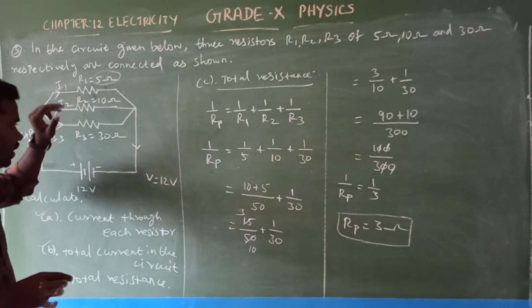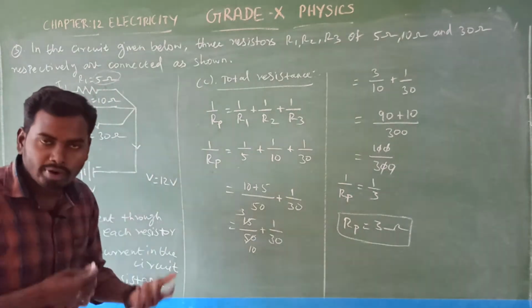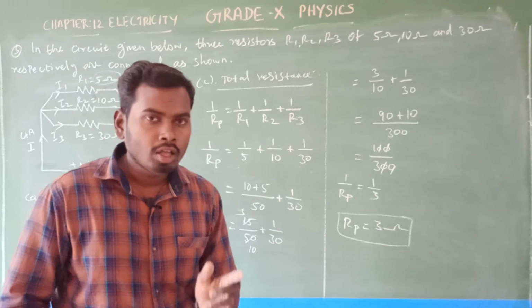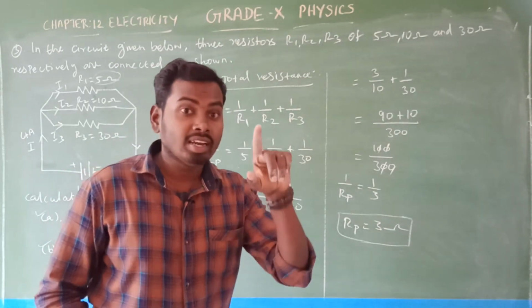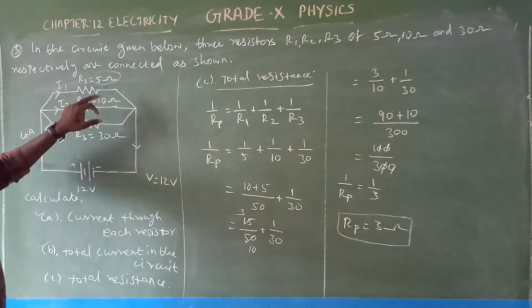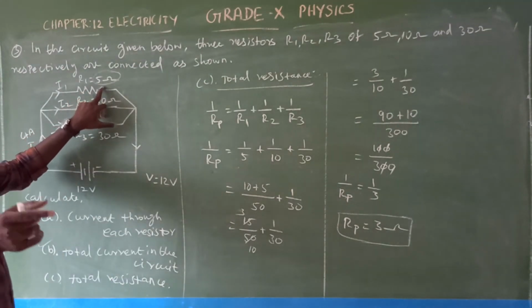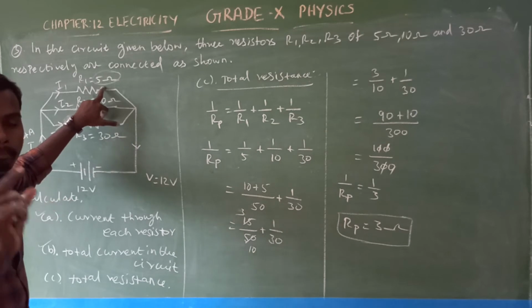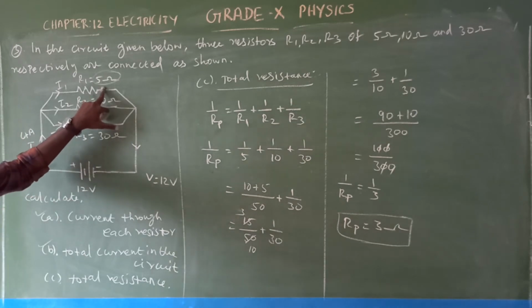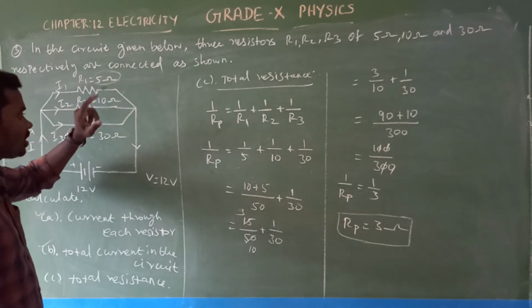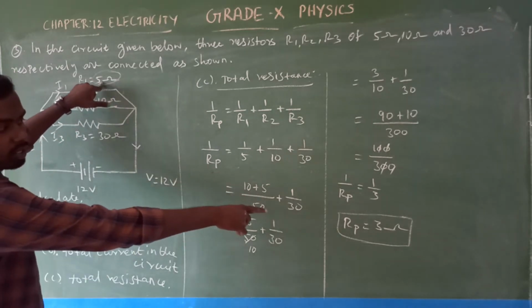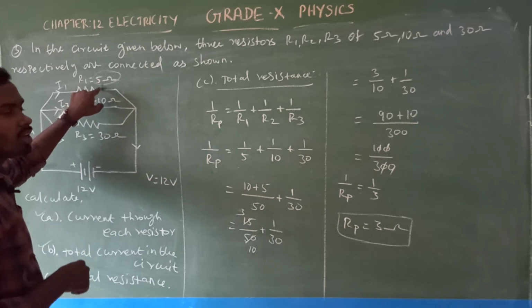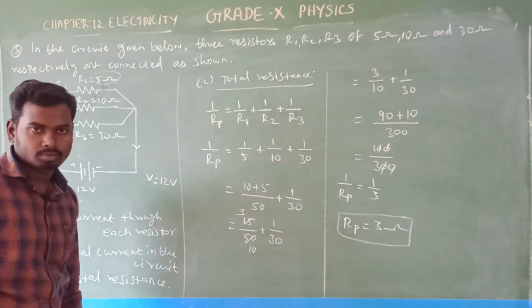Yes. So when a number of resistors are connected in parallel, the total resistance value is always lesser than the least resistance connected in parallel, which means here the least resistance value is 5 ohm, and the total resistance value is lesser than the least value. That's all, students.